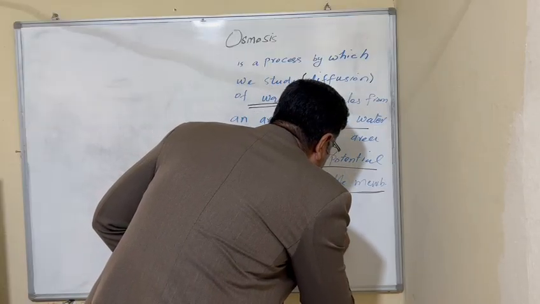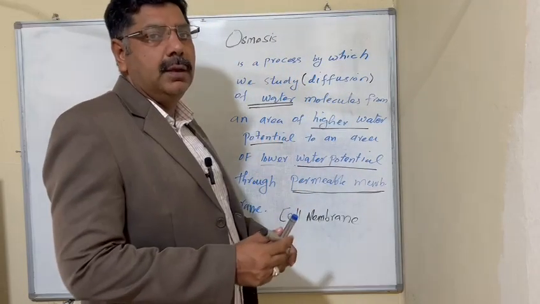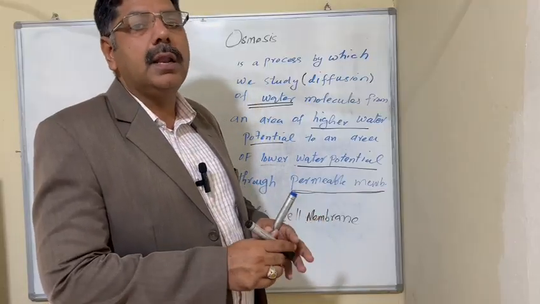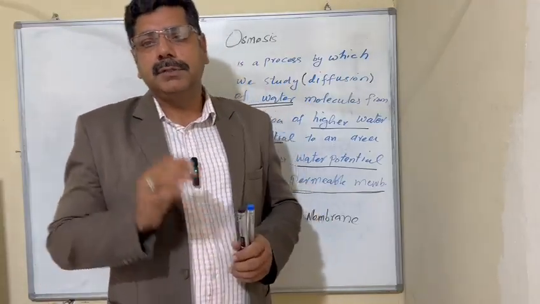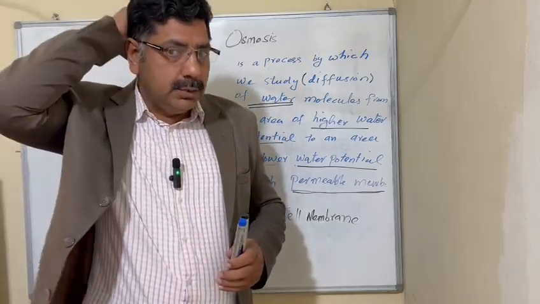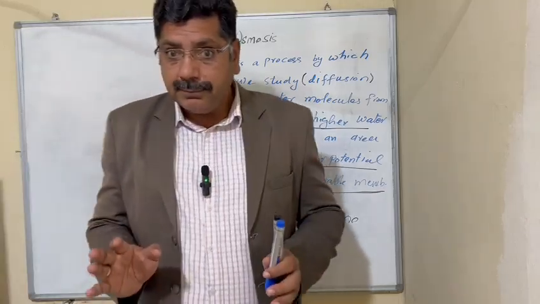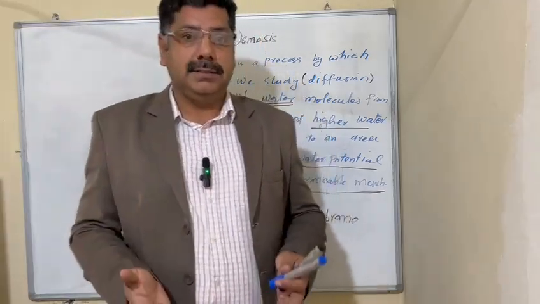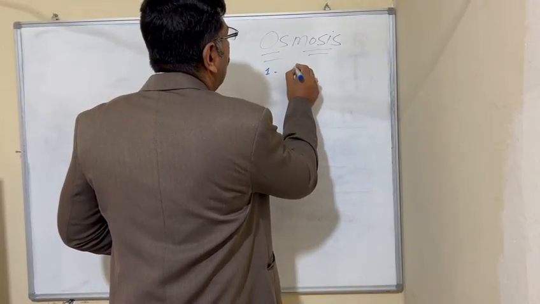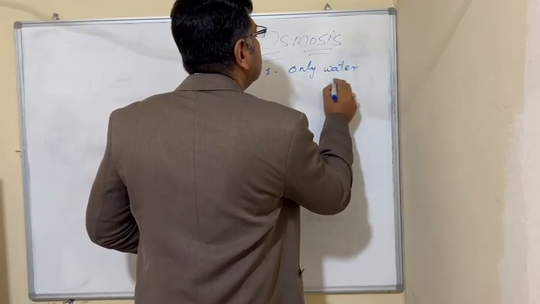The cell membrane will be a permeable or selectively permeable membrane. It will allow some substances to pass, but here it will allow only water to pass through it. So in osmosis, as we said, only water moves.